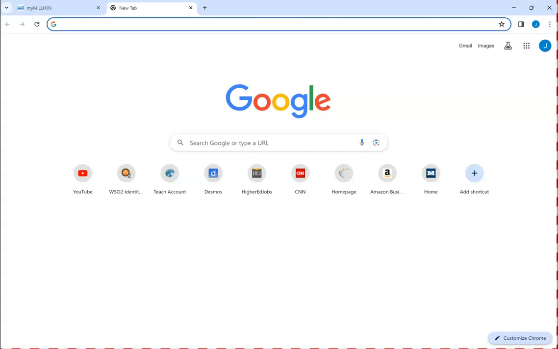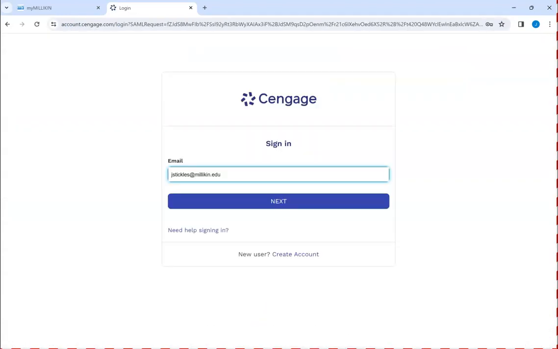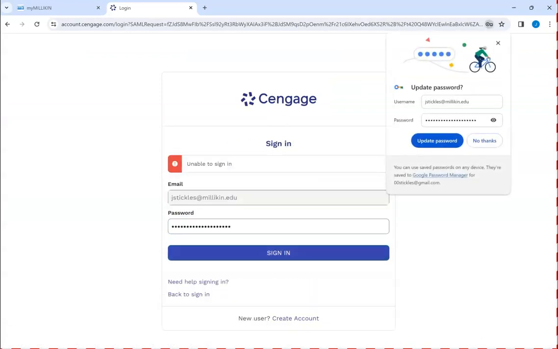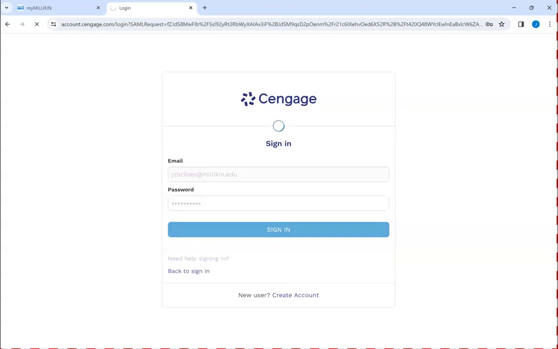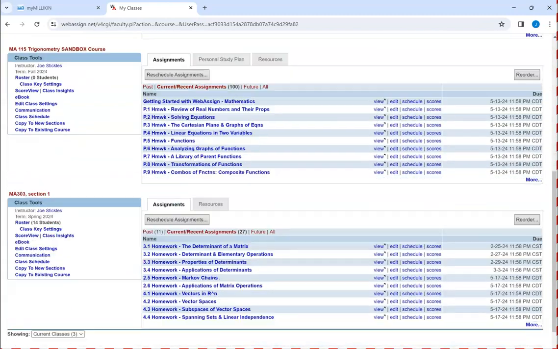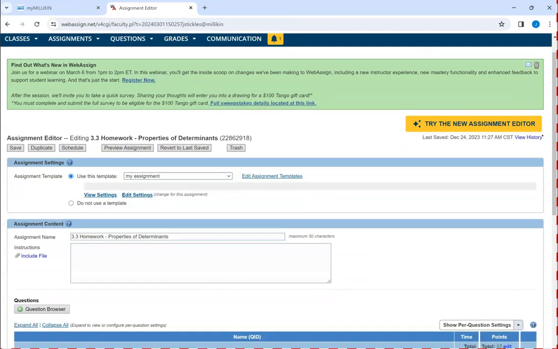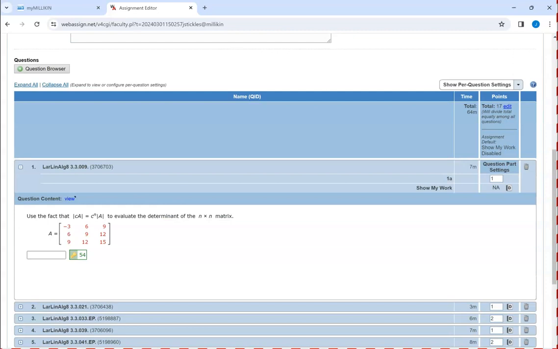Figure out I have a keyboard. Oops. That one?